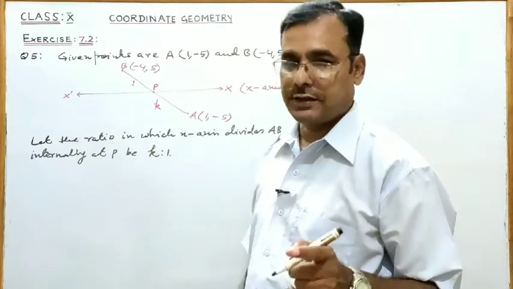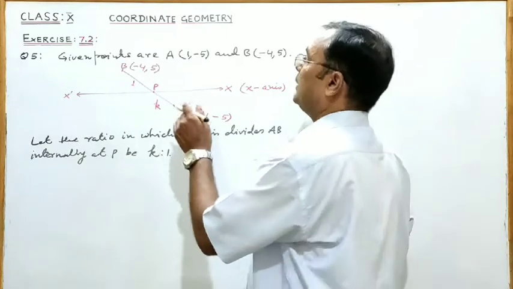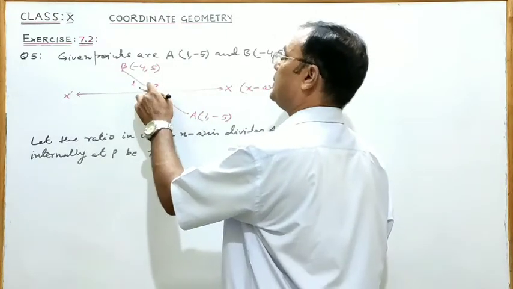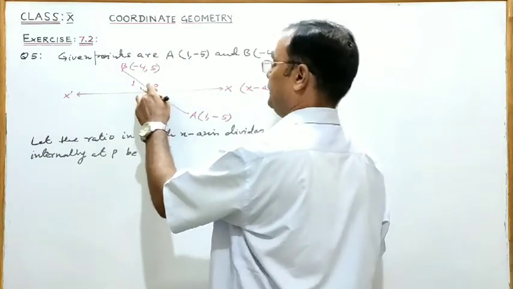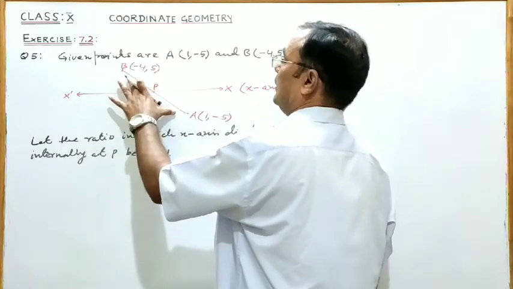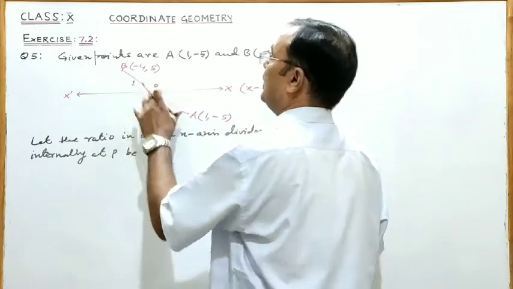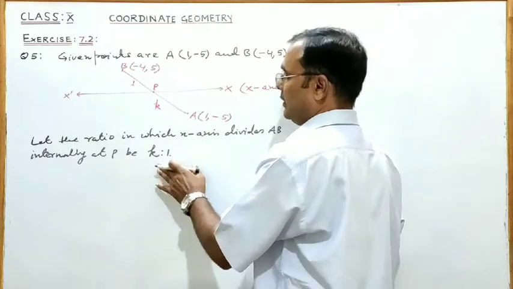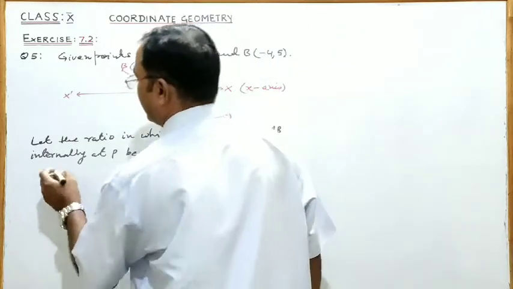Then using the section formula we can find out the coordinates of this point P at which the x-axis divides the line segment AB in the ratio k is to 1.